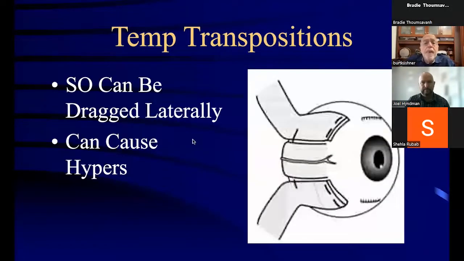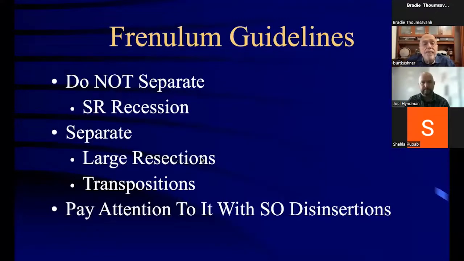Another thing to keep in mind is when you do temporal transpositions of the vertical rectus muscles, as in this artist's drawing of a temporal transposition, the superior oblique can be dragged laterally with the superior rectus unless you've severed the frenulum, and this can cause a hypertropia.